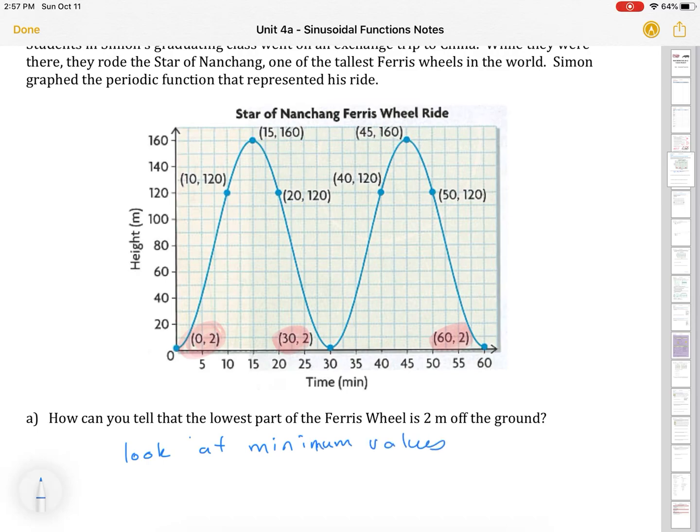Minimum values, they're all at y equals 2, right? And the height is in meters, so the minimum y value is at 2 meters, okay?